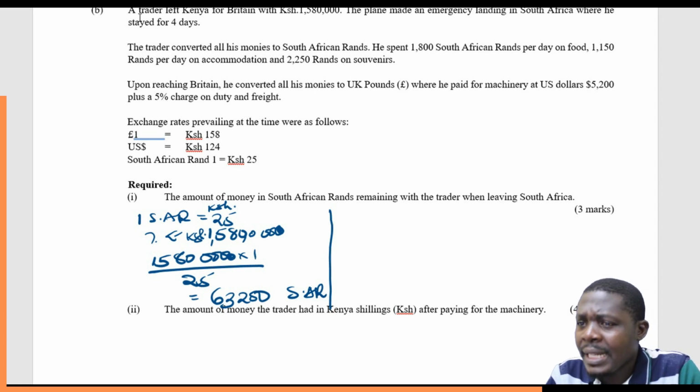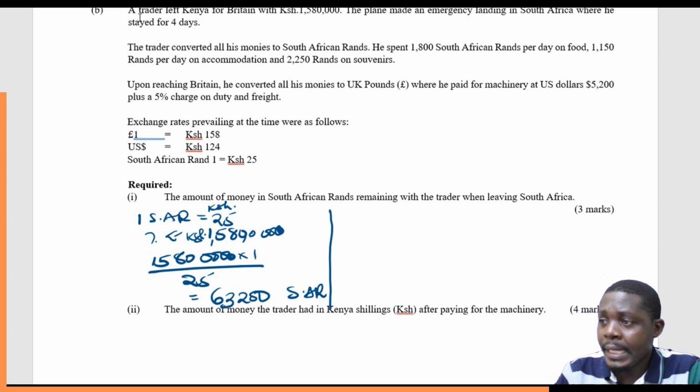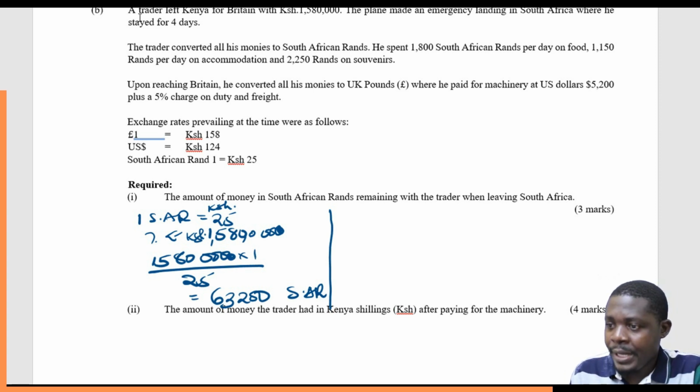Now, because the plane made an emergency stop in South Africa, the trader converted his money to South African rands. He spent money. Let's now do the expenditure.